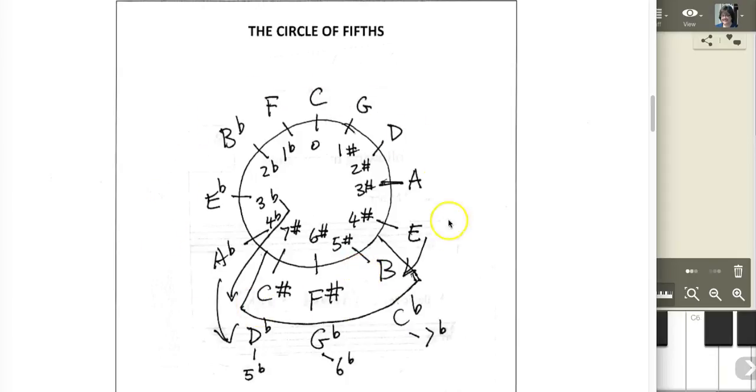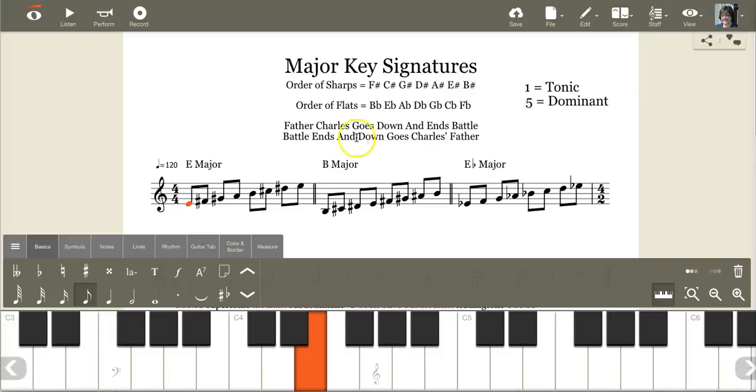So the circle is extremely helpful to remember tonic and dominant relationships from 1 to 5, tonic to subdominant relationships from 1 to 4. And if we go back in here and we remember our Father Charles goes down and ends battle, and our battle ends and down goes Charles's father, which is our sentence that helps us remember the order of the sharps in the key signatures that have sharps and flats in the key signatures that have flats.